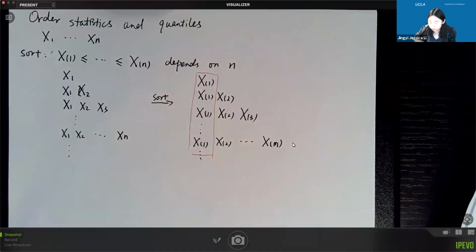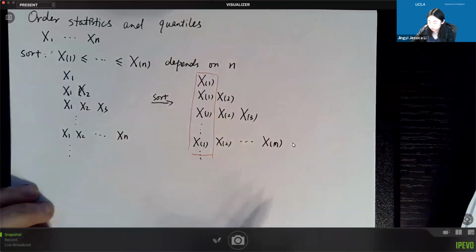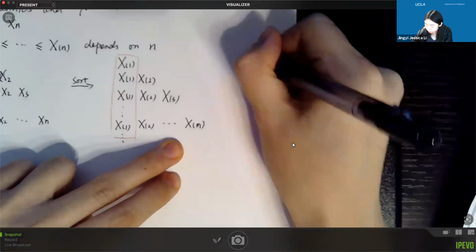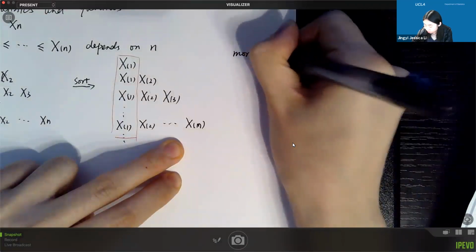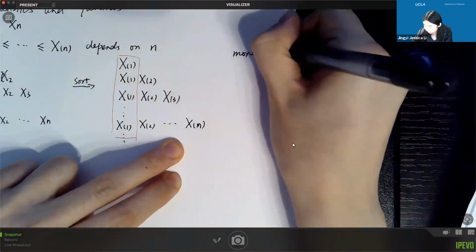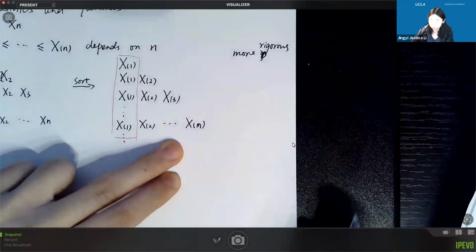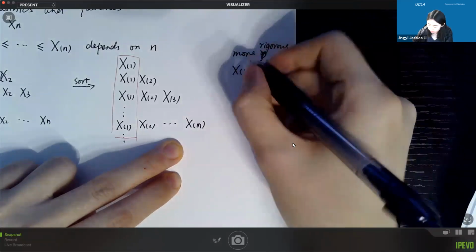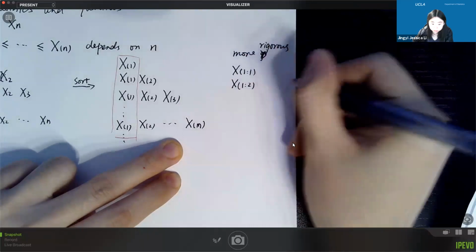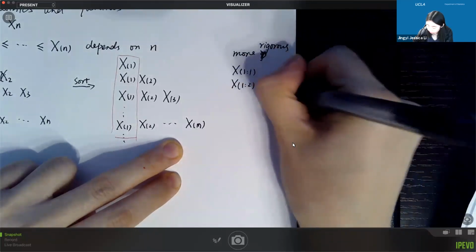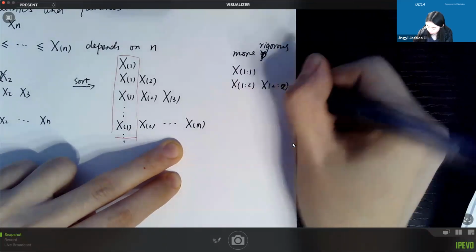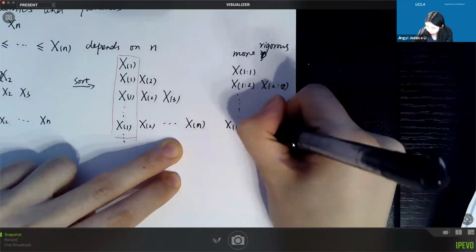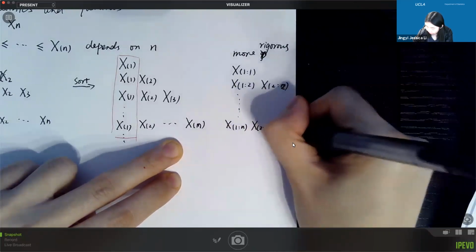That's why in the notes we said there's a more rigorous way to write it, though it's kind of complicated: to carry n with it. So we should write this as x1,1, this as x1,2, and so on, up to x1,n, x2,n, ..., xn,n.